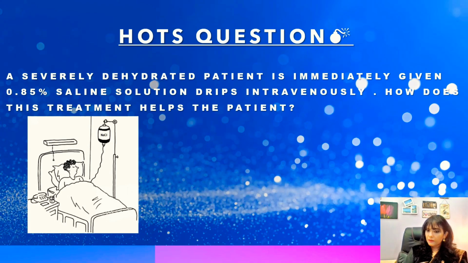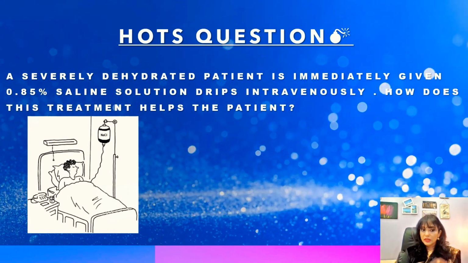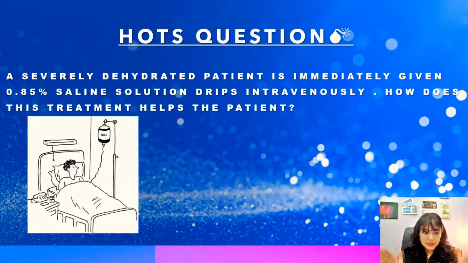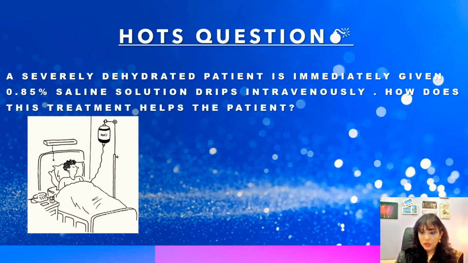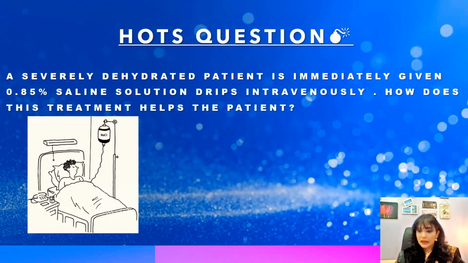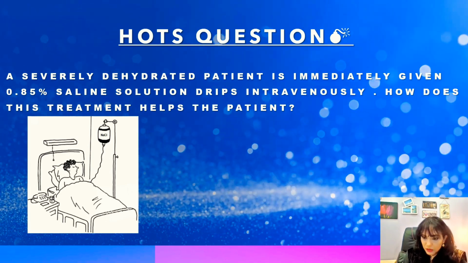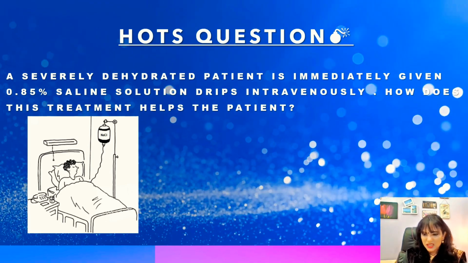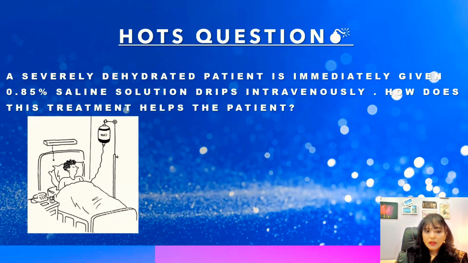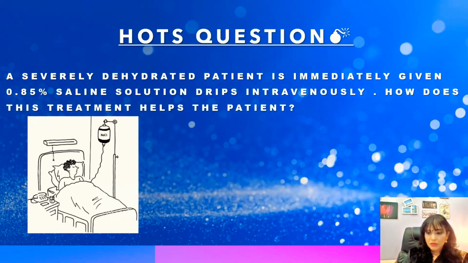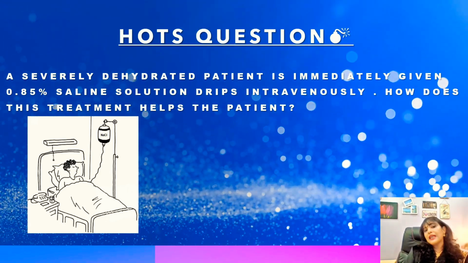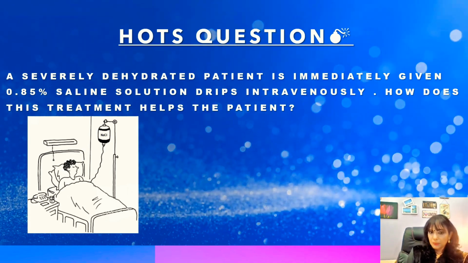That is very bad, because the cells will start losing water. So that is when we mean that the person is actually dehydrated. If he's severely dehydrated, that means he cannot take the oral rehydration salt orally, because he's obviously blacked out. The system will shut down one by one. So he has to take it intravenously. So the question is, how does this help the patient?